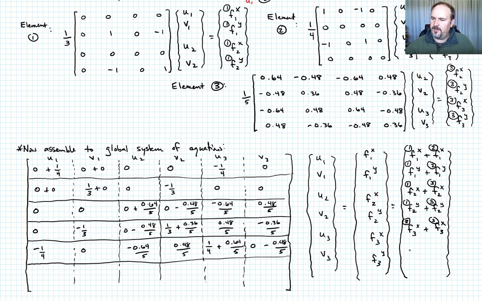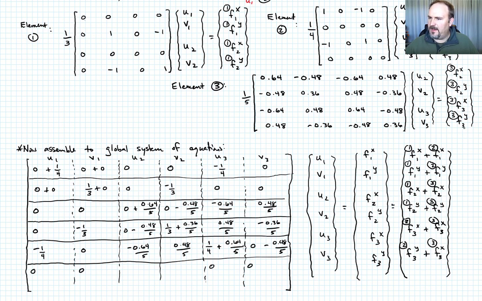Now my final degree of freedom is on node 3 in the y direction, so F3y. It's going to be the same elements, plus F3y of element 3. F3y in element 2 is the bottom row, which is all zeros in U1, V1, and in U3 and V3.